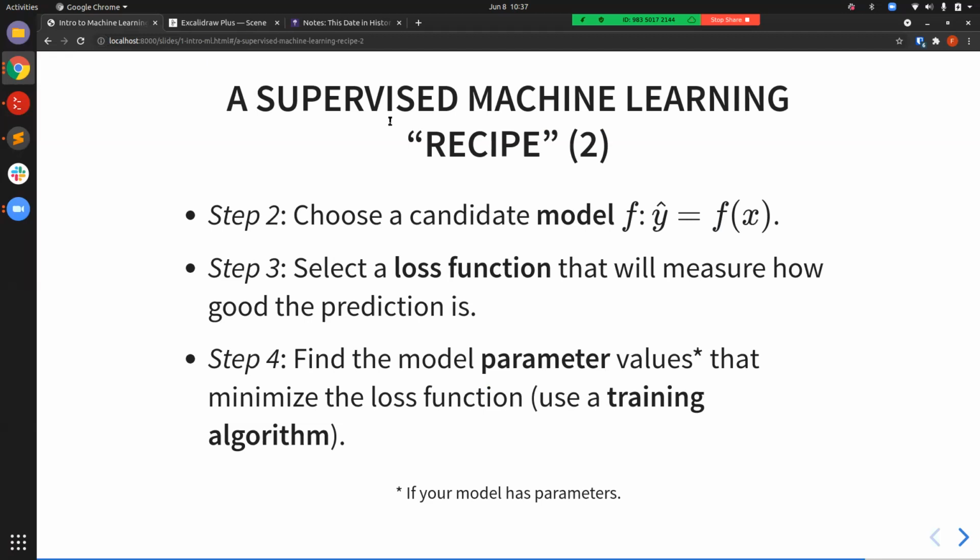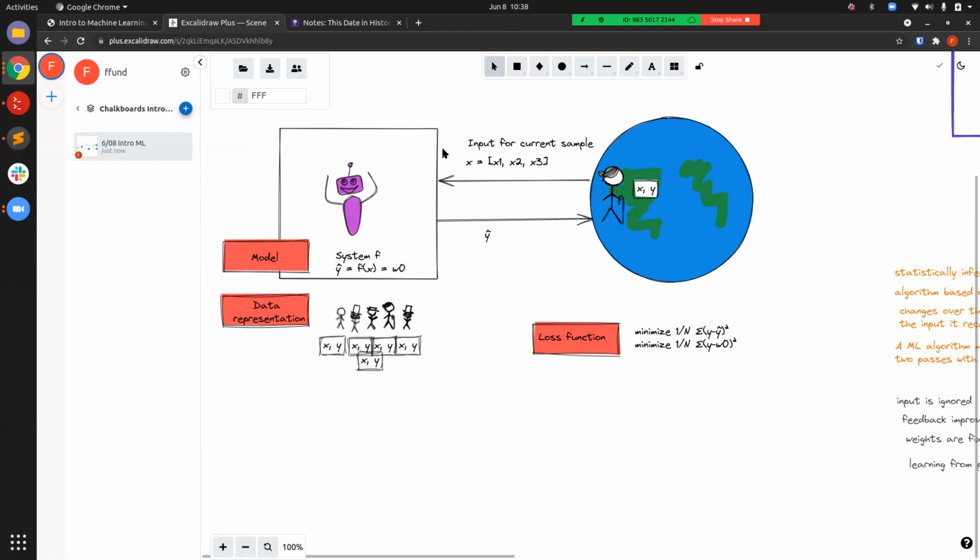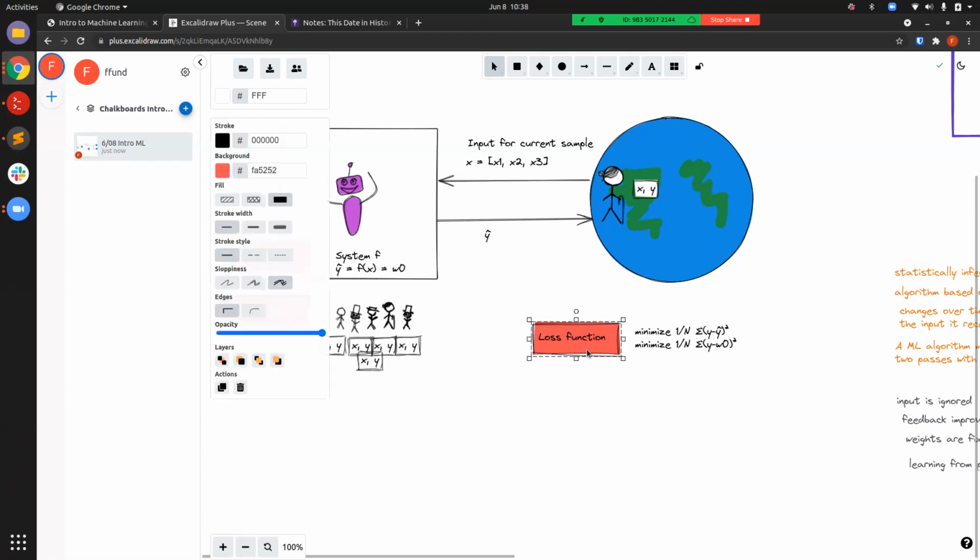Next, I need to find the model parameter values that minimize this loss function. Here my model has one parameter, W0. I need to decide the value of W0, and I want to choose the value of W0 for which this loss function is minimized. How do I do that?